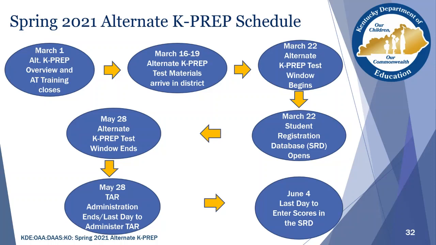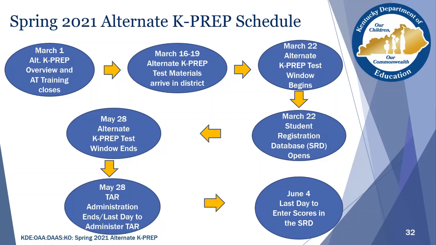This slide shows the newly revised dates for spring 2021. Originally, the last day to complete the online combined overview attainment task training and quiz was February 10th. That has been pushed out to March 1st. Materials will arrive in districts the week of March 16th through the 19th, with testing beginning on March 22nd.